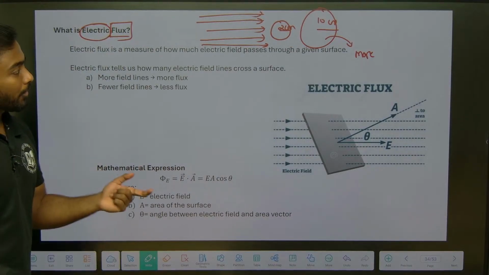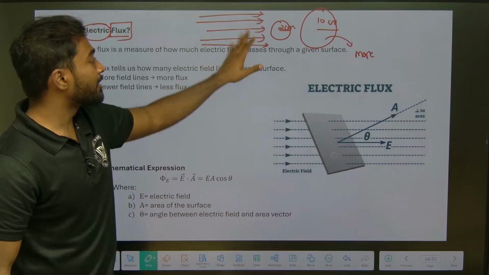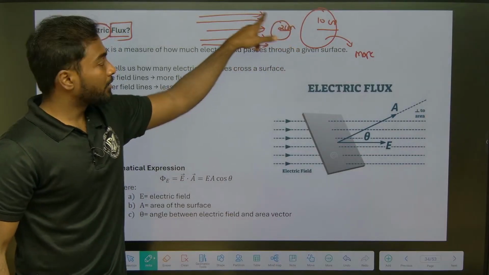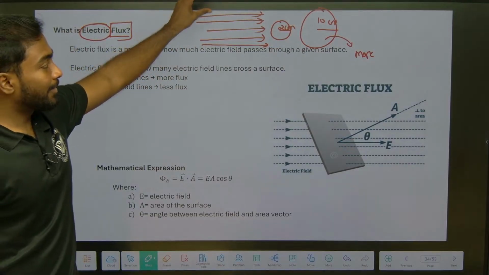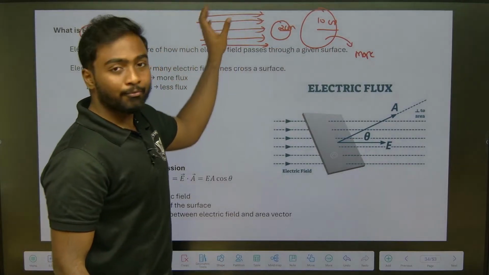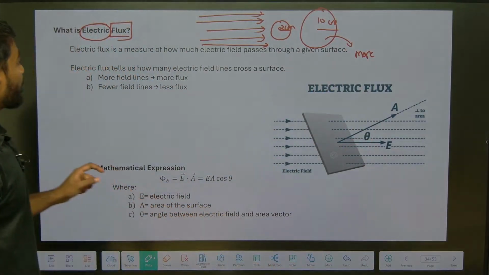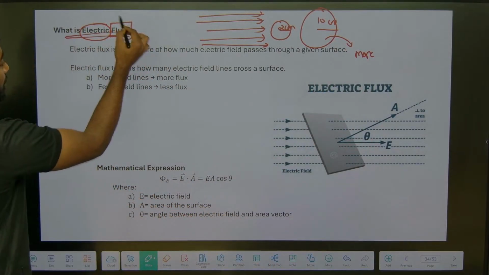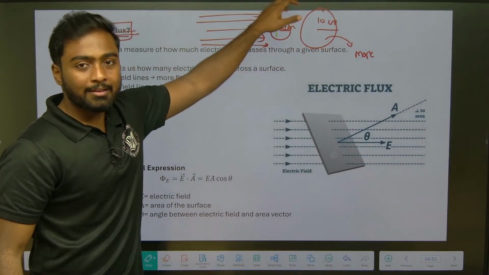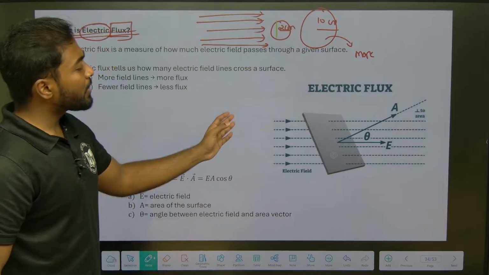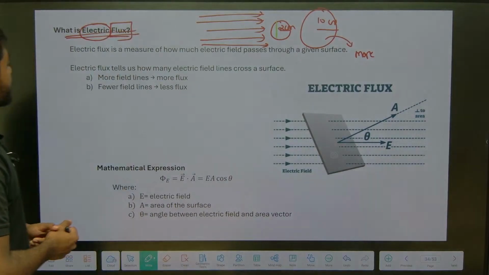One more thing we can understand here: if the field lines are equal for both cases and the area is different, the flux also will be different. If field lines are fewer, the flux which passes through the surface area also becomes less. So obviously the electric flux depends upon the electric field lines, the area of the surface, and the angle at which we keep the surface, which is important.